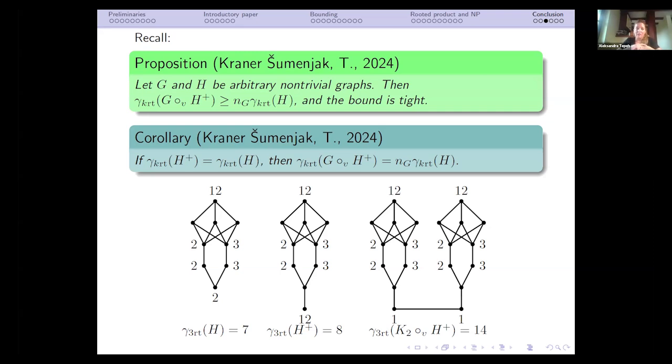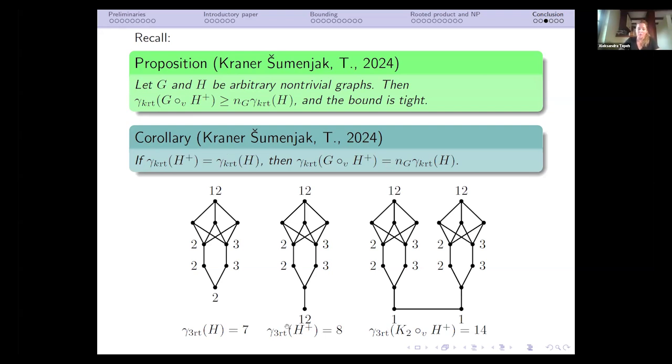And as a corollary of this proposition and its proof, we also obtained this, this is actually a sufficient condition, yeah? If this holds, then we have equality here, but vice versa, it does not hold.